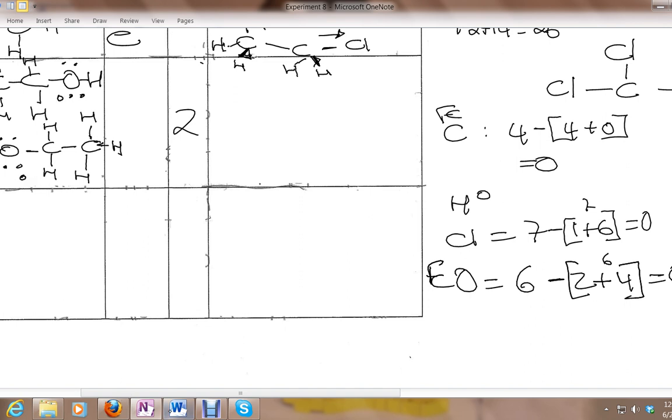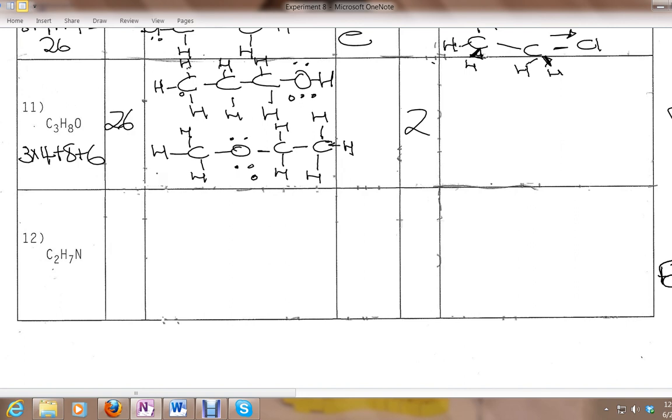Okay? So what is the shape? Again, we have tetrahedral, and you have to look at this as one domain. This is one domain, this is another, and this is another. You're not going to analyze the oxygen because oxygen is not the central atom. So what you have to do is look at the group OH as a whole domain. That's the way you see it.